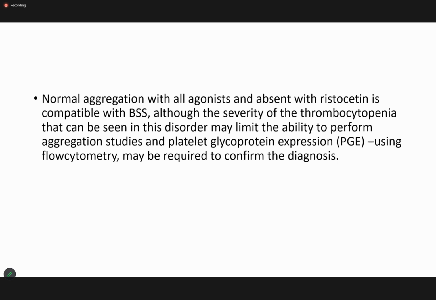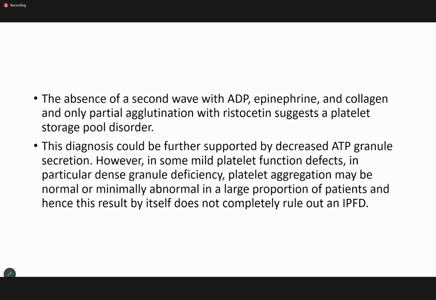Some patients with Bernard-Soulier syndrome have significantly low platelets, sometimes they have borderline normal platelets. And the absence of second wave with ADP, epinephrine, collagen, and only partial agglutination with ristocetin suggests a platelet storage pool disorder, and the diagnosis could be further supported by ATP release granule secretion.